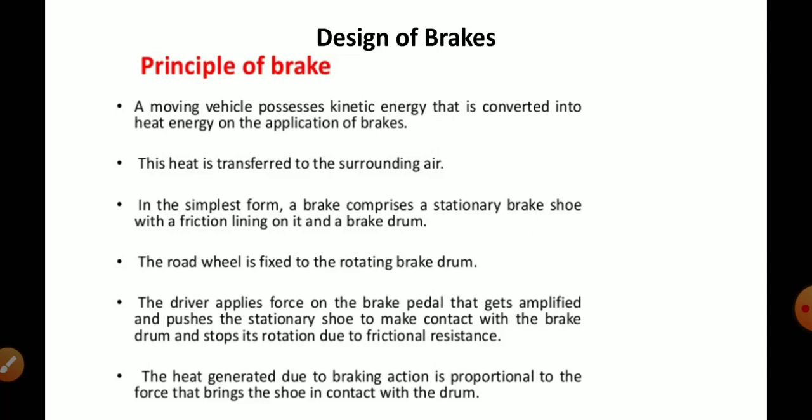The amplified force pushes the stationary shoe into contact with the drum and stops its rotation due to the frictional force between the brake linings and the drum. Heat is generated due to this braking action, and this generated heat is proportional to the force that brings the shoe in contact with the drum, that is, the frictional force between the brake drum and the brake shoe.